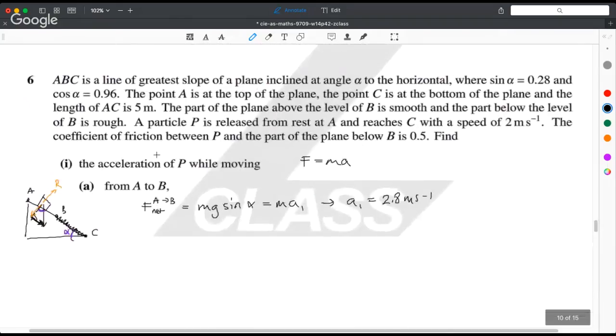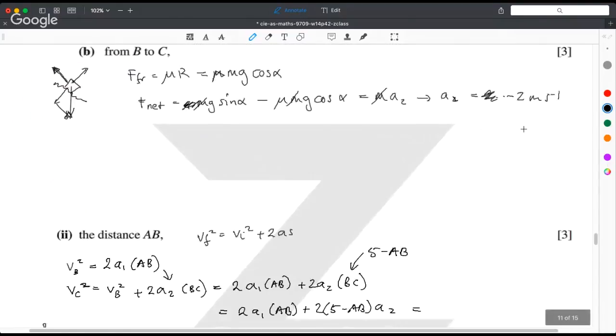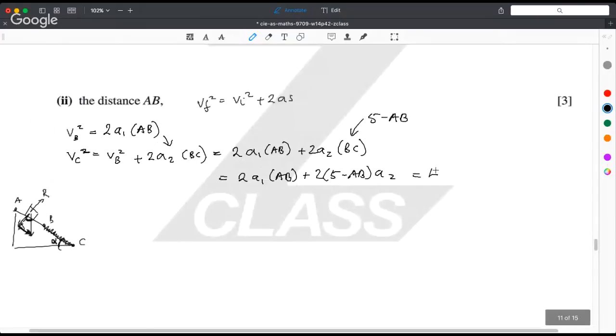And we're told up here that VC, the velocity at C, is 2 meters per second. So VC squared is 4. This whole thing is equal to 4. And this is equal to 5.6 AB minus 20 plus 4 AB. And you can just solve this for AB being equal to 2.5 meters.